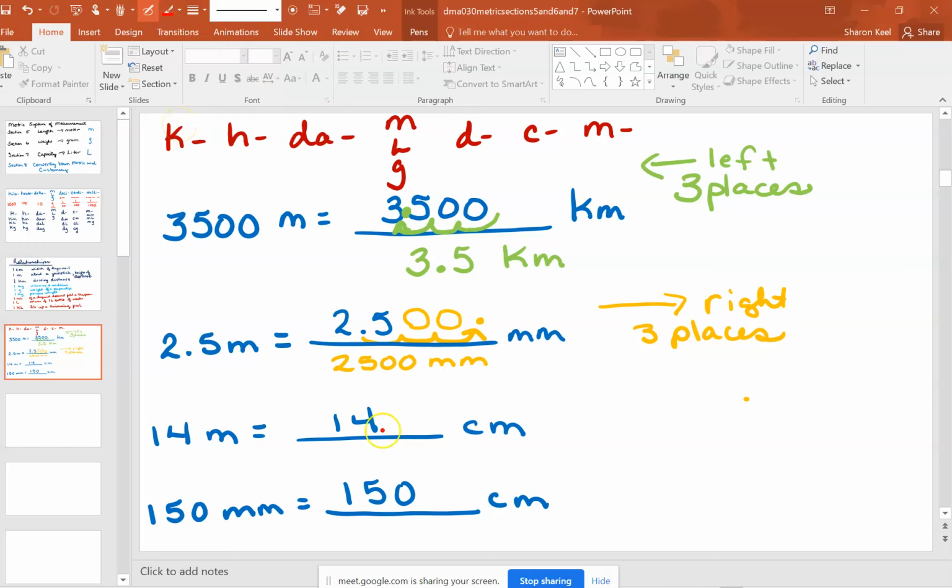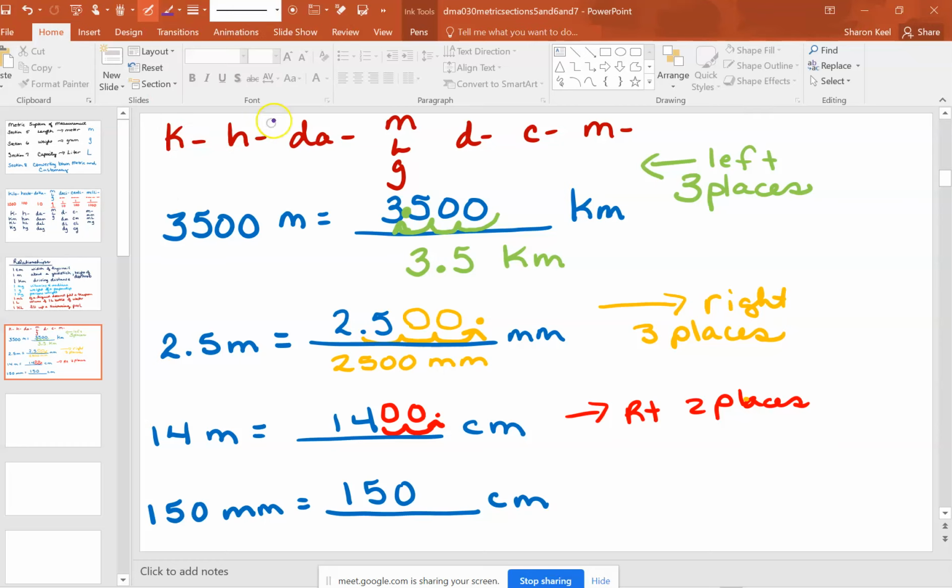Okay, so from meter to centimeter, we're going to start in the middle at meter. We're going to go right 2 places to get to the centimeter. So if I start here and go right, that's 1, 2. I'm going to add 2 zeros. That will be 1,400.